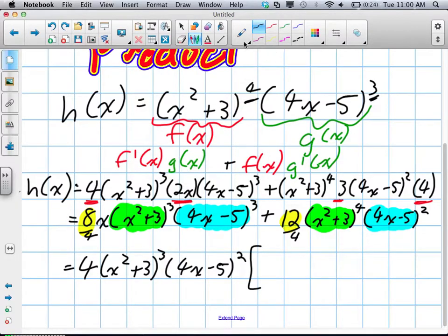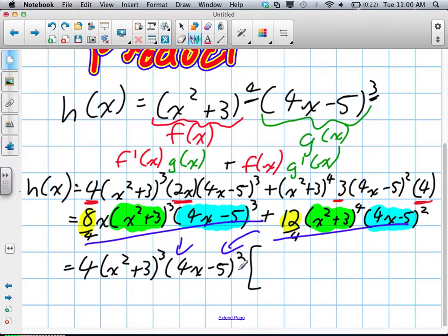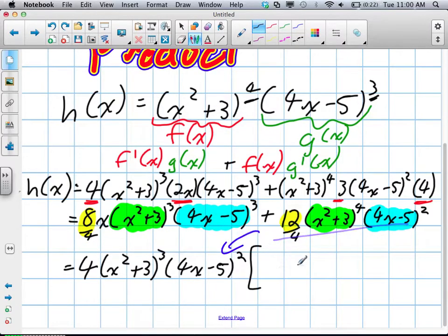Think of it like we're dividing the first term by this and then the second term by this. So when we do that, 8 divided by 4, let's try to just match parts up. 8 divided by 4 is going to give us 2. The x still stays. X squared plus 3 to the power of 3, well, it's the same thing down here, so that creates a 1.